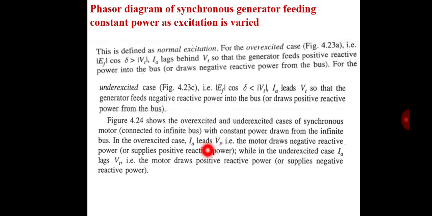In the overexcited case, Ia leads Vt, which means the motor draws negative reactive power, while in the underexcited case Ia lags Vt, which means the motor draws positive reactive power.